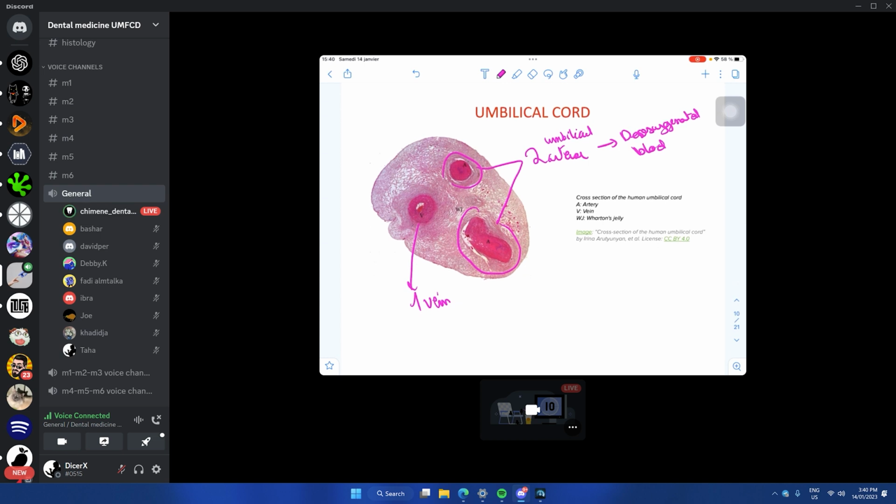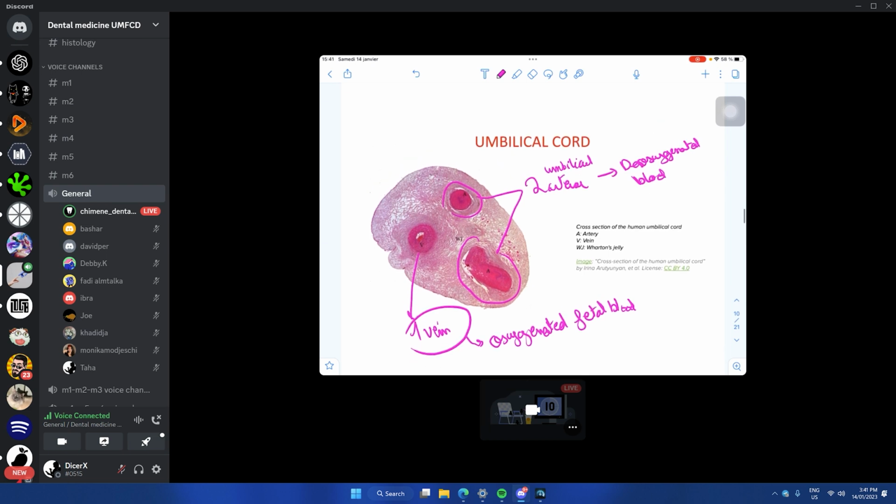While the umbilical vein, this one, will be concentrated with oxygenated fetal blood, and this oxygenated fetal blood will head back towards the heart directly. Those are the main vessels of the umbilical cord. That's it for this picture. There's nothing more, and the vessels are embedded in Wharton's jelly, which is not that important.